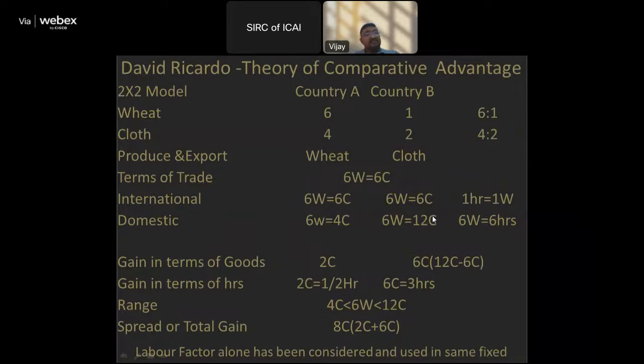6 hours is the saving on account of wheat. If that 6 hours, if I devote for cloth, each hour I'm able to produce 2 unit of cloth, I will get 12 unit of cloth.